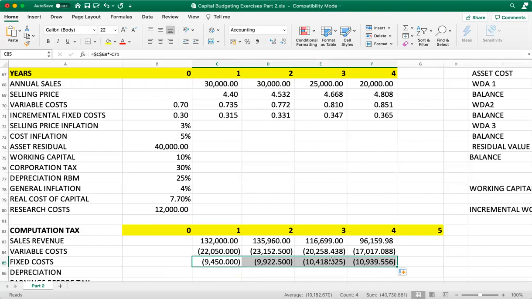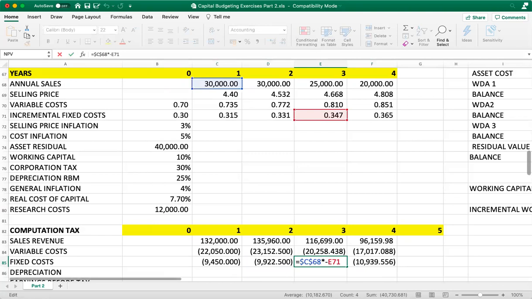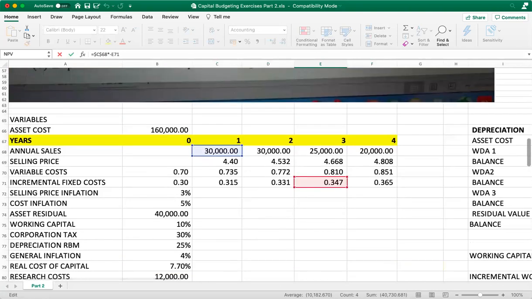So you have 10,418 in year 3 and 10,939 in year 4. So let me click on 10,418. Yeah. So it is 30,000, the units for year 1, multiplied by the incremental fixed costs, but based on the figure of 30,000.